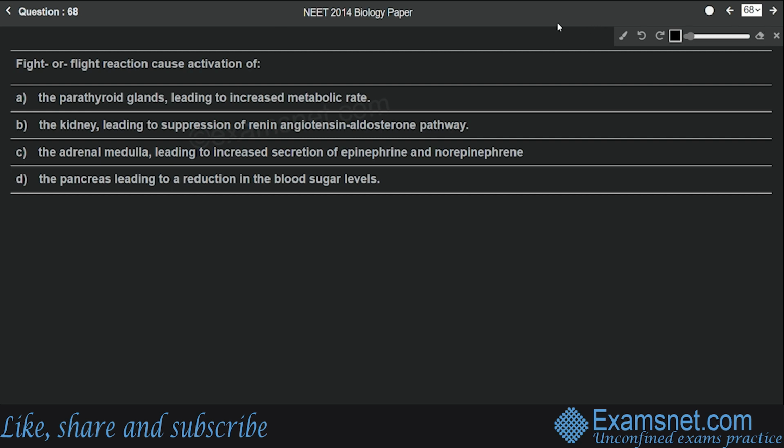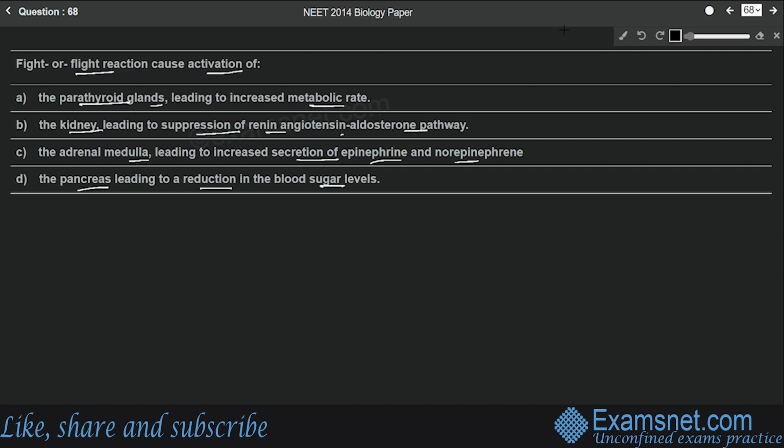Question number 68 is again from the chapter Chemical Coordination and Integration, and the question is, fight or flight reaction causes activation of option A, the parathyroid glands leading to increased metabolic rate, option B, the kidney leading to suppression of renin angiotensin aldosterone pathway, option C, the adrenal medulla leading to increased secretion of epinephrine and norepinephrine, and option D, the pancreas leading to a reduction in the blood sugar levels.